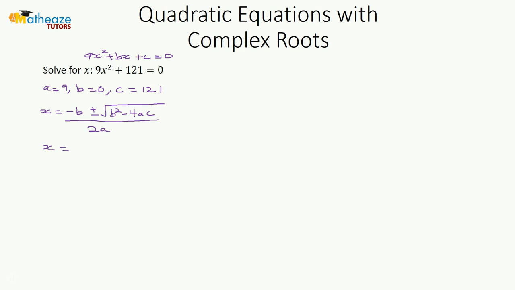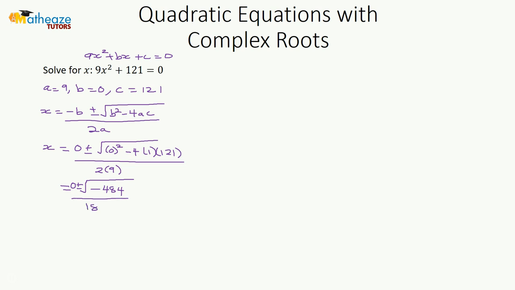So when we substitute, x is equal to 0 plus or minus square root of 0 squared minus 4 times 1 times 121 divided by 2 times 9. So this is going to give us square root of negative 484. So 0 plus or minus square root of negative 484 divided by 18.